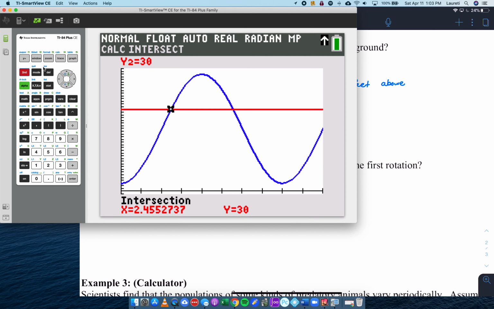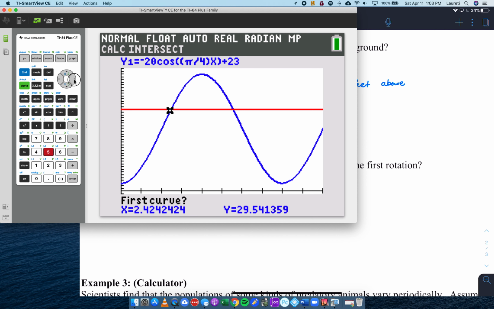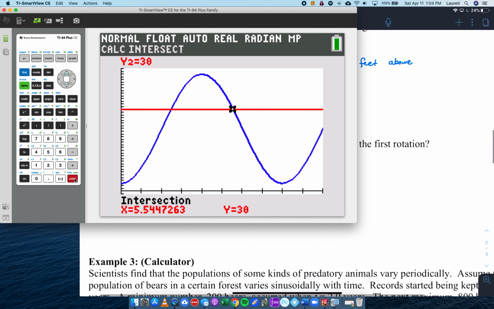So I'm going to hit second, calc, go to number 5 again, and then you're going to go to where the second point is. Okay, just move it closer to where, again, it's intersecting, and then hit enter 3 times. So 1, 2, 3. Okay. So we have 5.545 seconds.